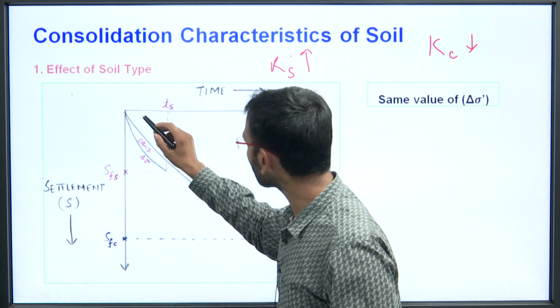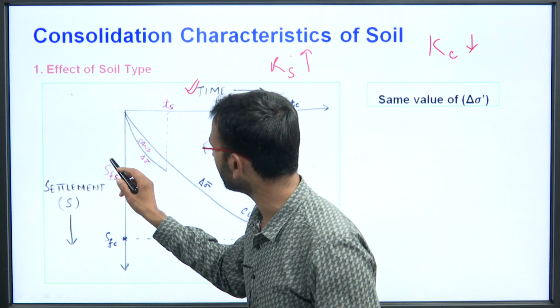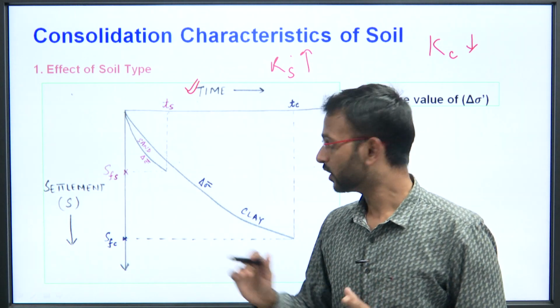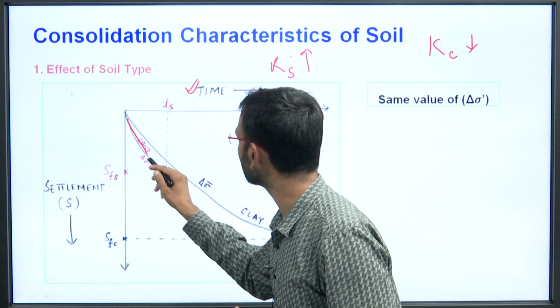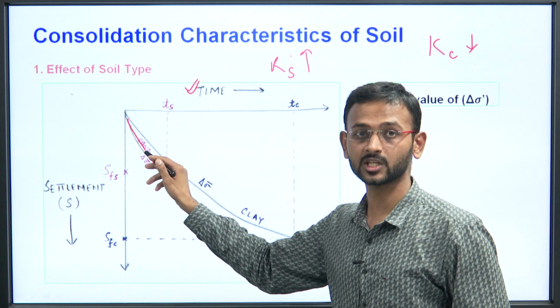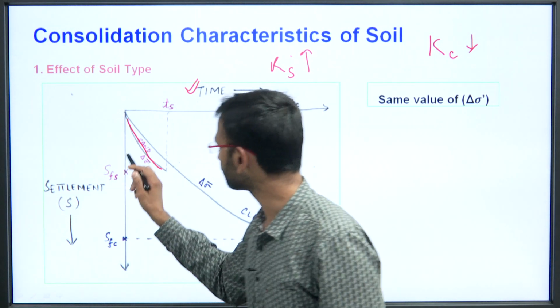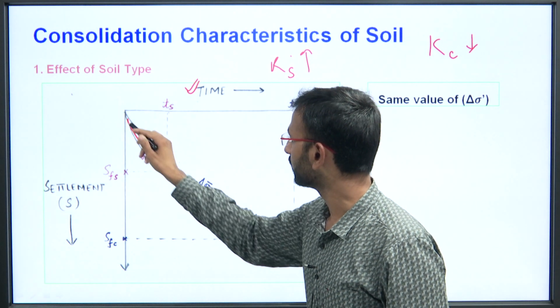So with respect to time, you know that sand will be settling much faster. The slope is much steeper with respect to sand here, and the rate will be much higher.